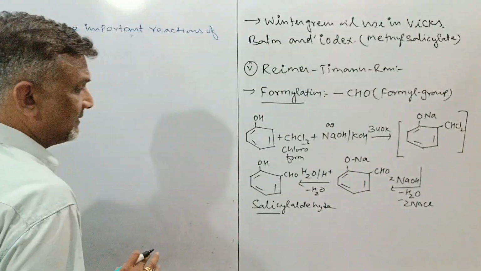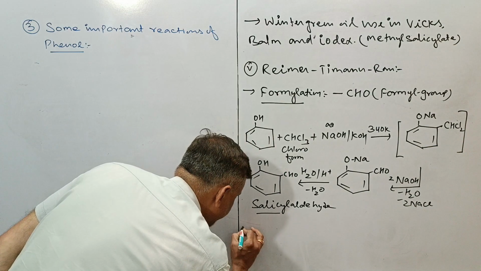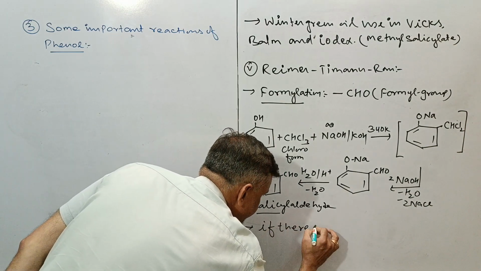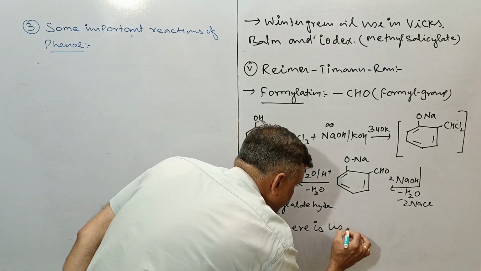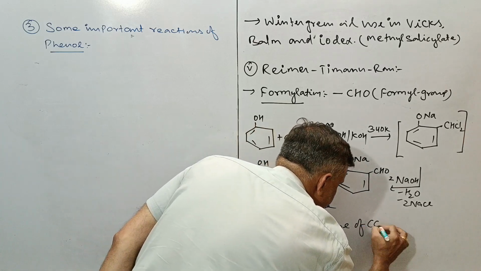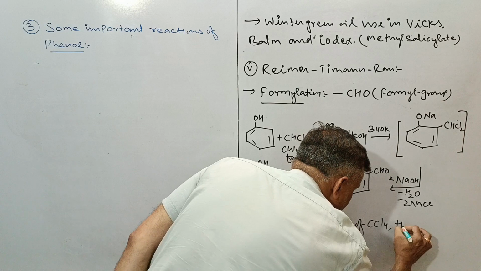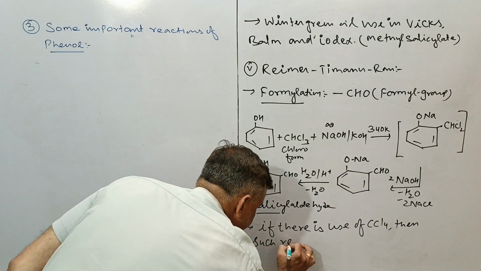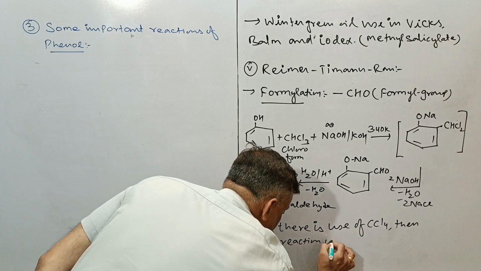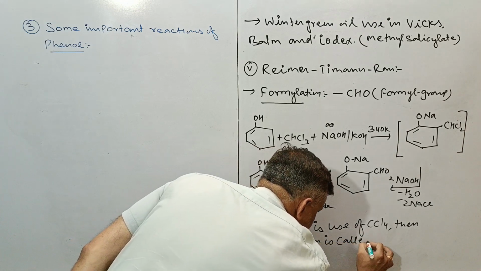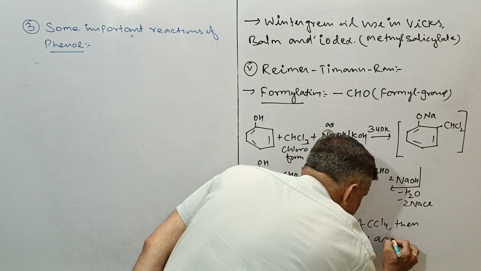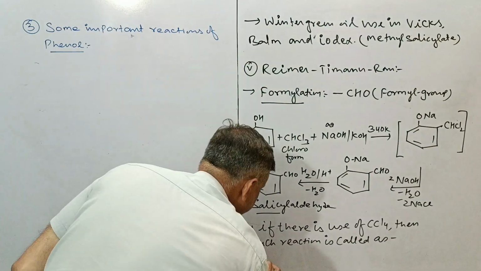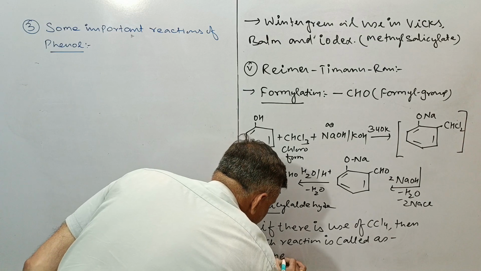Now, if we go further, and there is use of CCl4, then such a reaction is called Reimer-Tiemann.